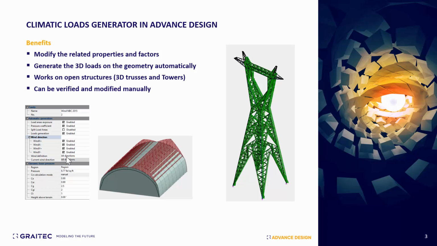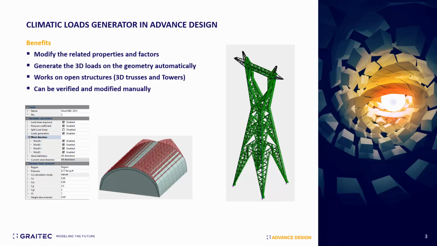And you have the option to remove the check marks and just create the wind load in just one direction, as you see here. As I mentioned earlier, the tool also works on open structures like 3D trusses and towers. And finally, both wind loads and snow loads can be modified in the software.